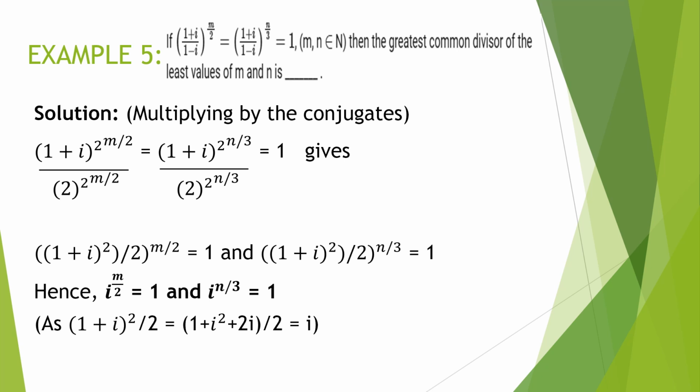It is i raised to m by 2, which is equal to 1, and i raised to n by 3, which is equal to 1. Why? Because it is given over here. Just try to simplify (1 plus i) square by 2. It is 1 plus i square plus 2i, put i square as minus 1. So you get that equal to i. So ultimately what we have obtained is i raised to m by 2 is equal to 1 and i raised to n by 3 equal to 1.